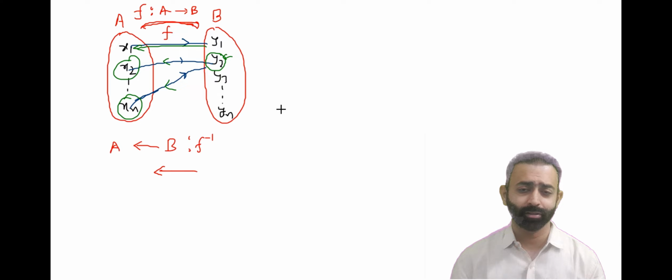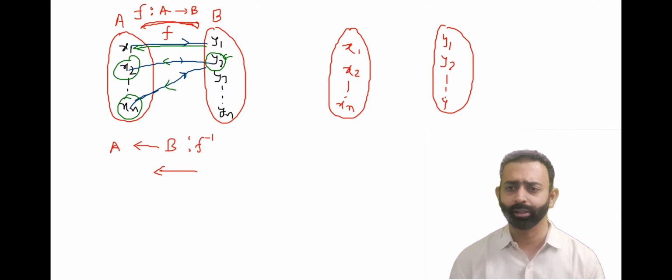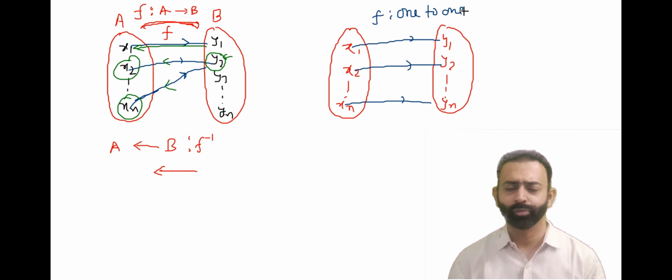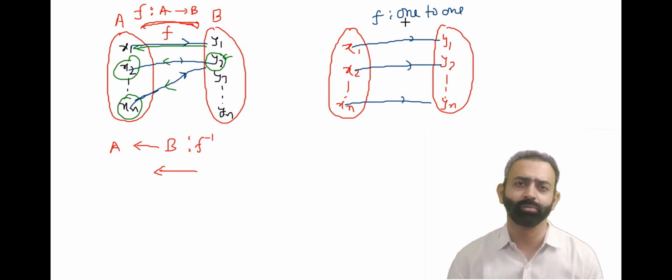So let us draw another mapping diagram, with inputs x1, x2 and so on till xn, and outputs y1, y2 and so on till yn. And all the elements of f are mapped one to one. So the mapping of f should be one to one, so that its reverse mapping should also be one to one.